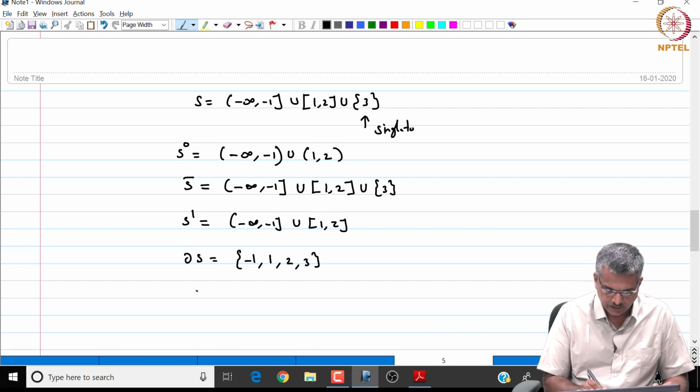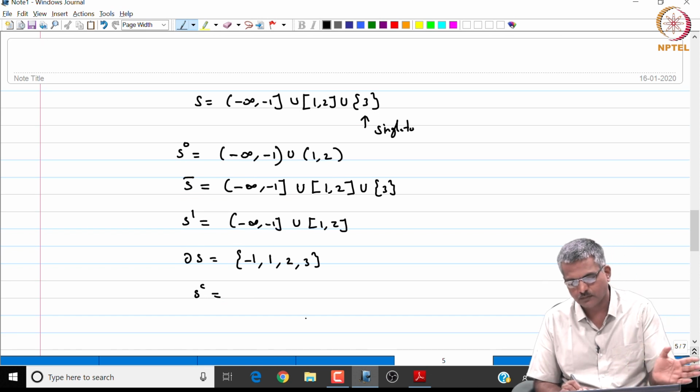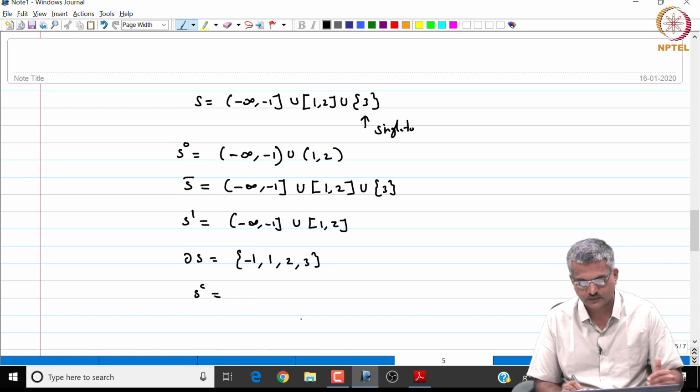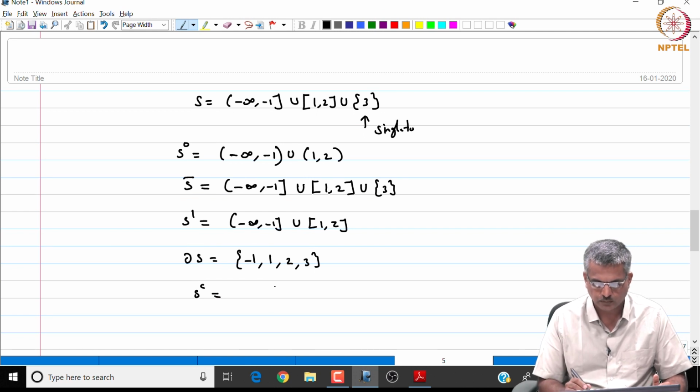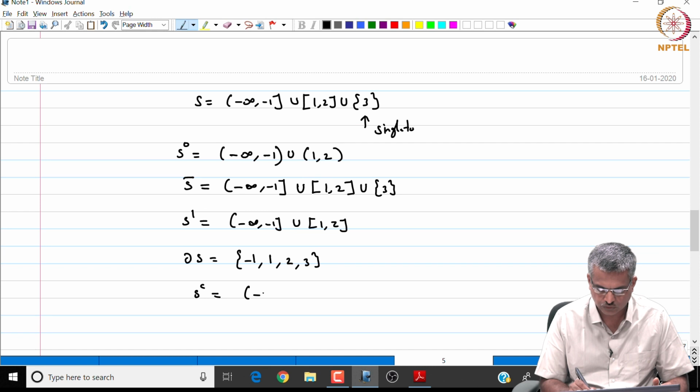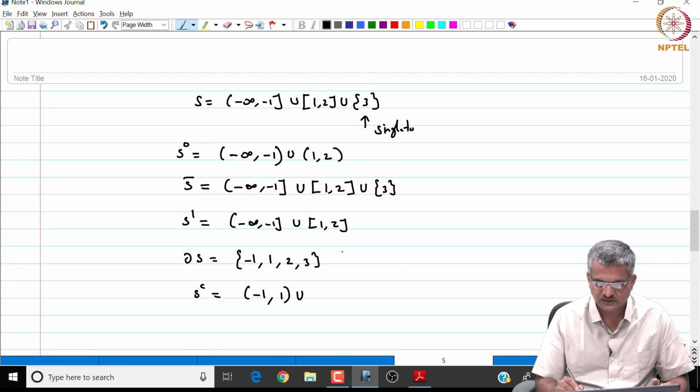And finally, S complement is all points from R with the set S removed. So, you have from minus infinity to minus 1, but minus 1 is included in S, so I need to exclude minus 1. Then from minus 1 to 1, where 1 is included, so I need to exclude 1, union 1 to 2 is in the set, so I need to exclude 2.